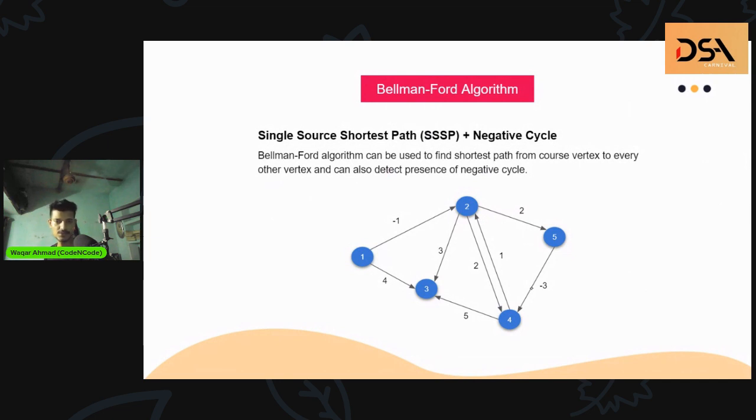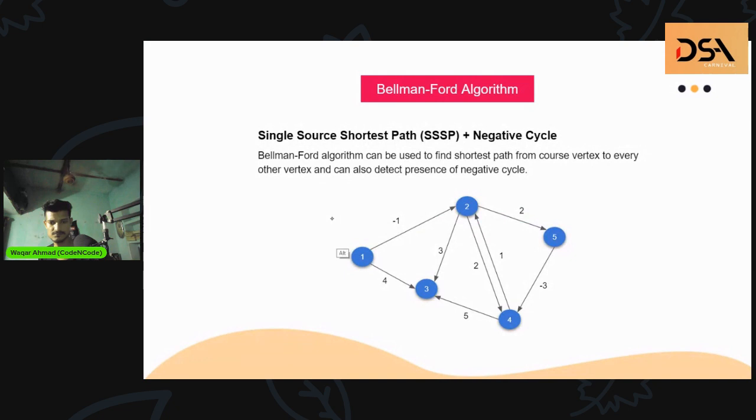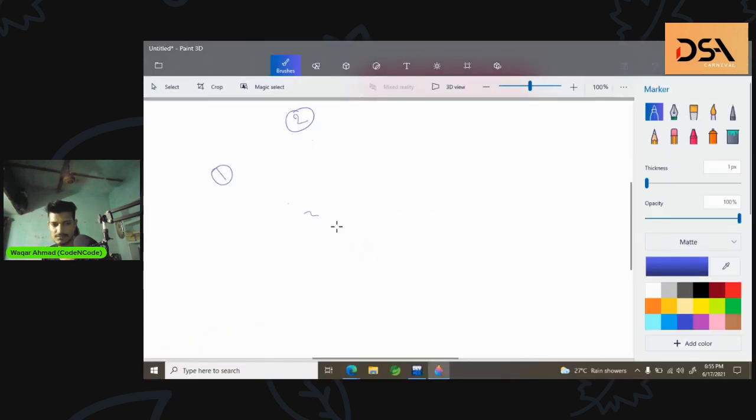This is able to detect the presence of a negative weight cycle. So let's take this example: 1 2 3 4 5. So we have node 1, node 2, node 3, node 4, and node 5.